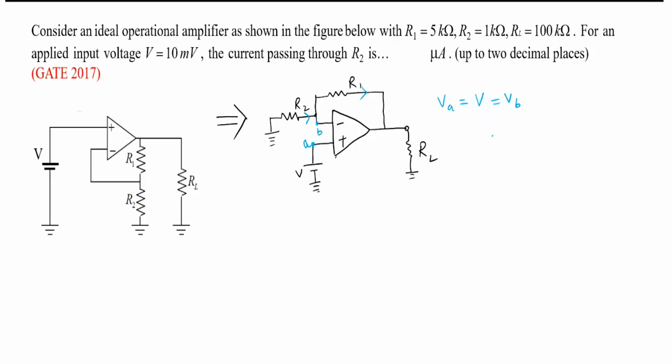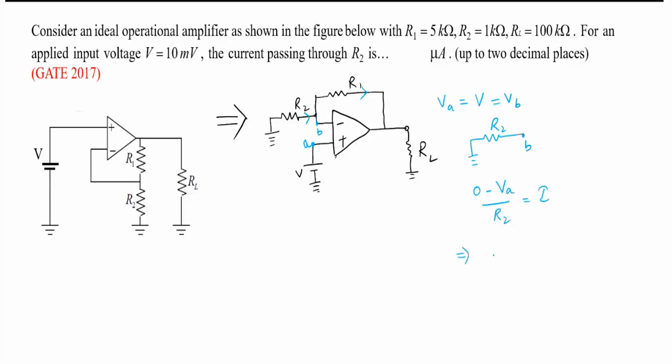Yes, sir. So in this circuit, if I apply a simple relation, 0 minus VA divided by R2, this is the current. Yes or no? Yes, sir.